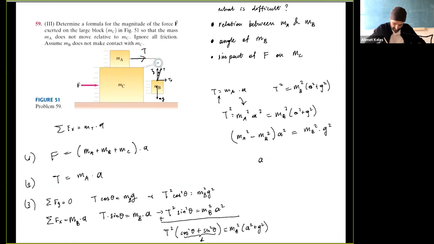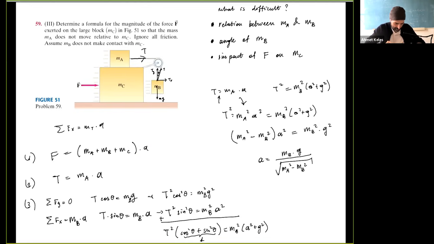Then A is equal to MB times G divided by MA squared minus MB squared. And what did we say in the beginning? If we know A, we know the force.